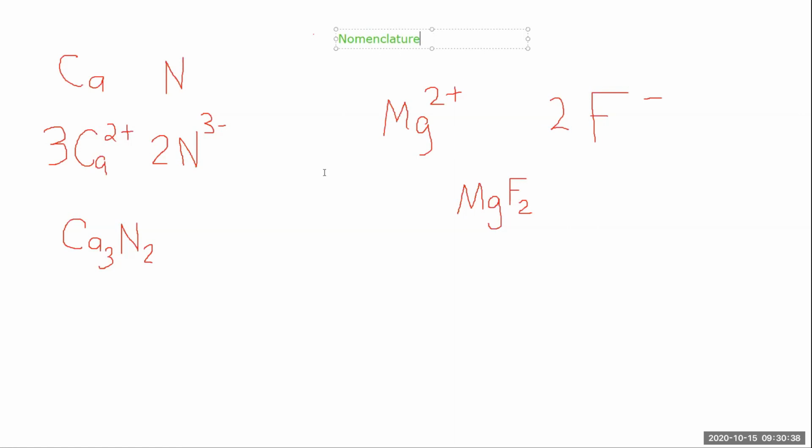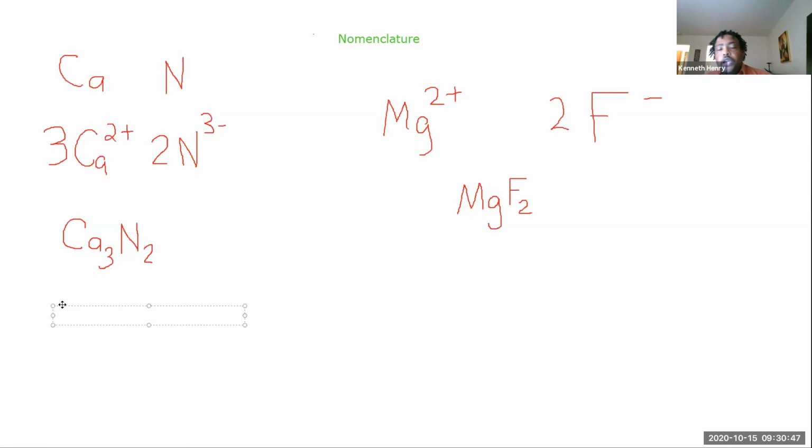Now, how we go about naming this, because we know what the charge of calcium is going to be all the time, and we know what the charge of nitrogen is going to be all the time, we don't have to tell how many there are. So we just call this guy calcium nitride.